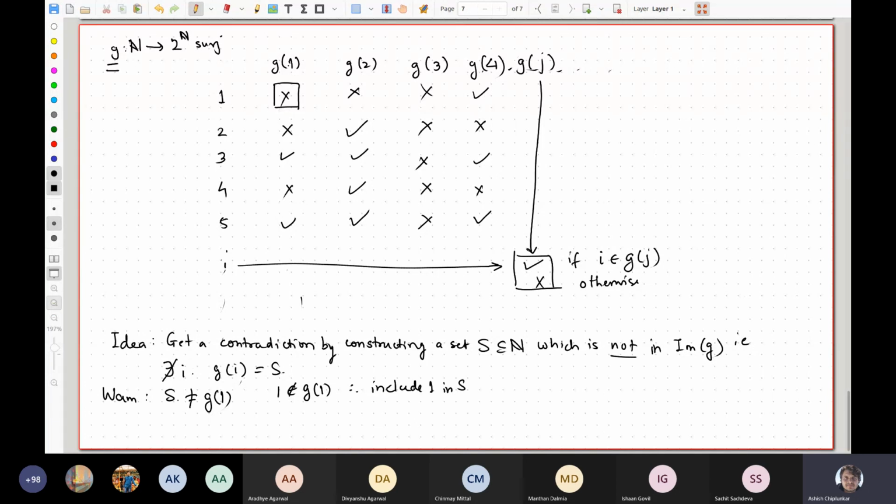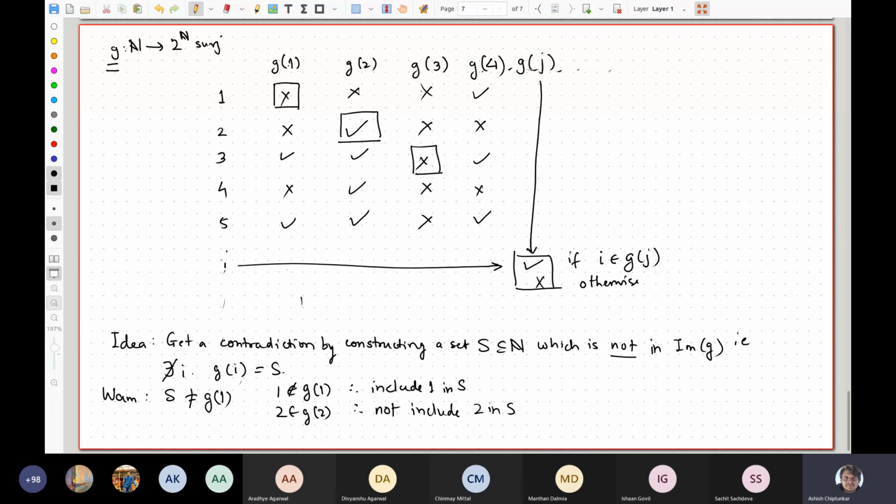And as soon as we have one element where S and G1 don't agree, that implies that S and G1 are different sets. Okay. Similarly, we want S to be not equal to G2. So we'll use the same idea. G2 contains the element 2. 2 is in G2, so therefore do not include 2 in S. This will ensure that S is different from G2. Okay.